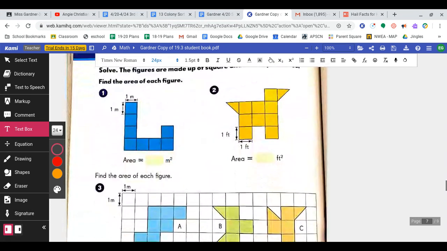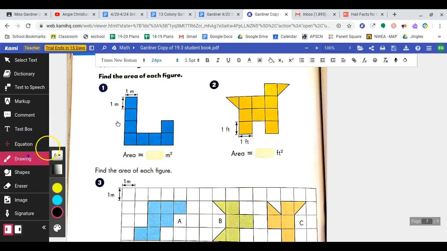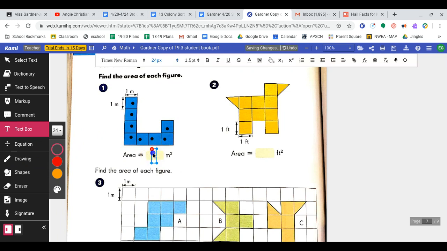Okay, now for the let's practice, we're going to put it into practice with either a square meter or a square foot. Look carefully to see if it's M for meter or FT for foot. We're going to have to count these rather than multiply. Let's count up how many square meters are in this shape. 1, 2, 3, 4, 5, 6, 7, 8. 8 meters squared.